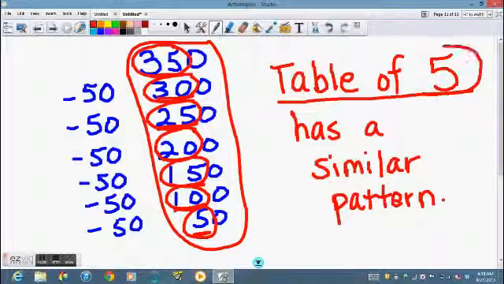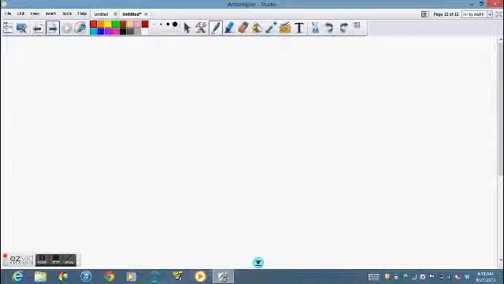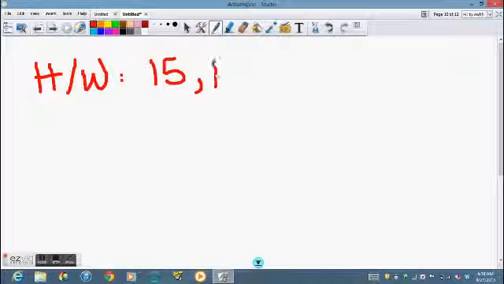If you want to, you can try that game. You'll need to make some cards with some different numbers on them, and then you could try that game maybe with a friend or something like that. You don't have to do that for tonight for homework, but that's just something fun you can do to practice your subtraction.